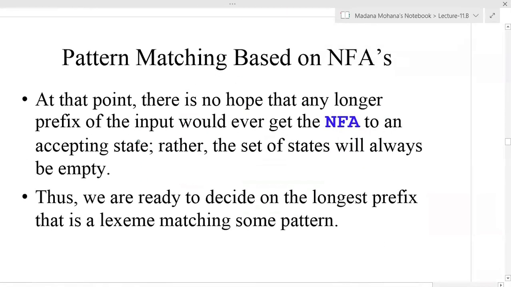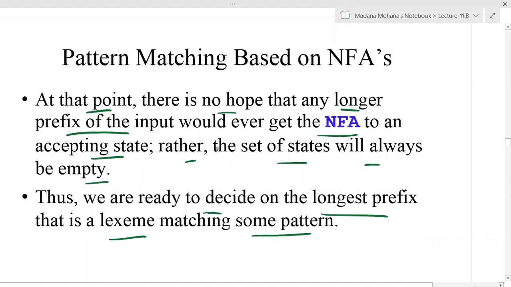At that point, there is no hope that any longer prefix of the input would ever get the NFA to an accepting state. Rather, the set of states will always be empty. Thus, we are ready to decide on the longest prefix, that is the lexeme matching some pattern.